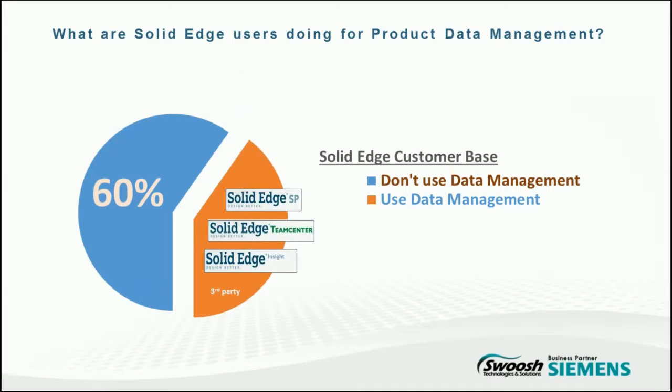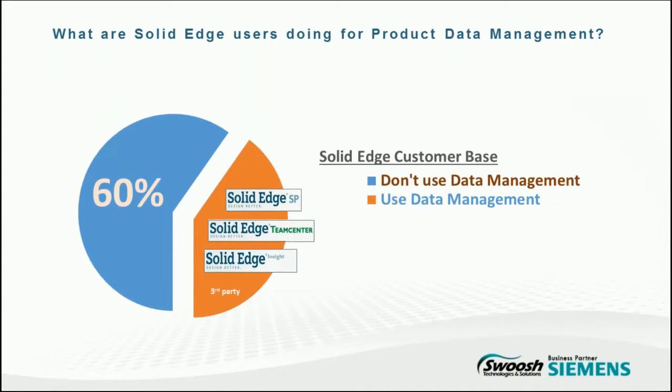A couple things about our Solid Edge install base, if you will, and really what is giving Siemens direction with regards to data management. Number one, 60% of the users today don't use any type of data management.